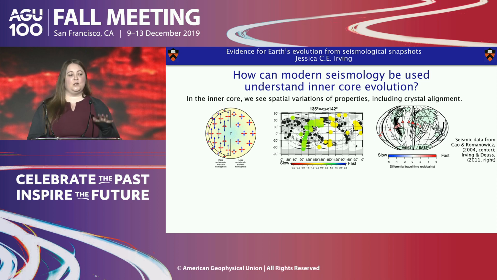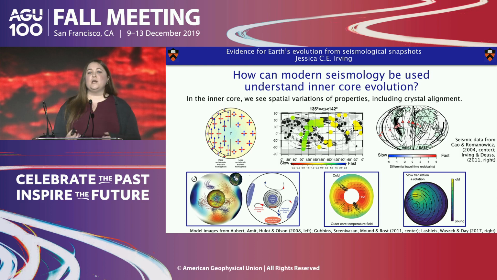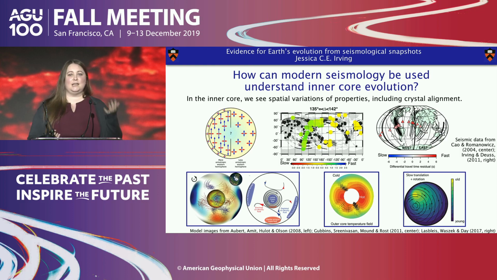And with these seismological observations, we can go to modelers who make interesting, exciting, and varied models of the evolution of the core and say, maybe the core's evolution is really driven by the mantle outside it. Maybe the inner core is melting in some places and freezing in other places. Maybe the inner core is slowly sliding from one side to another, or maybe it's slowly spinning beneath the mantle.